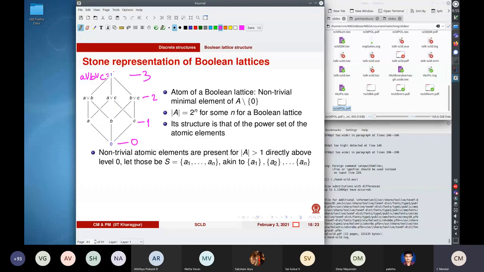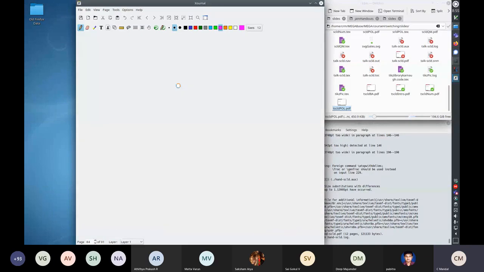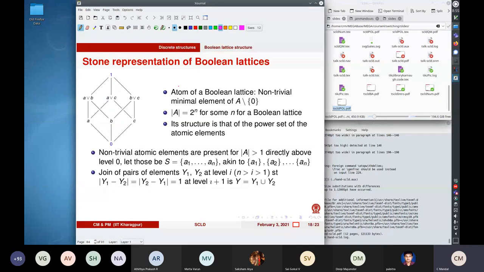Alright. So what you do is, to go to the next level, you join pairs of elements y1 and y2 at level I, such that there is a set difference.